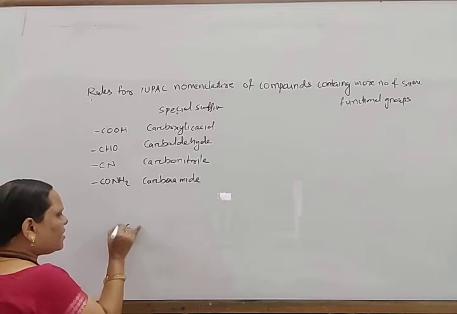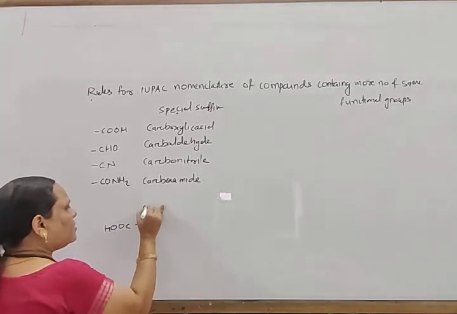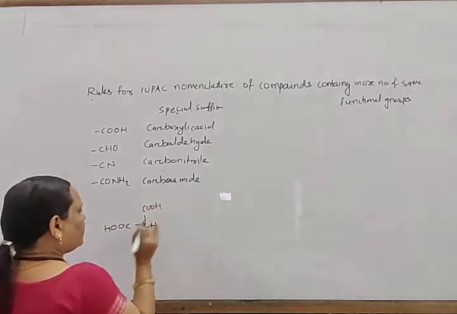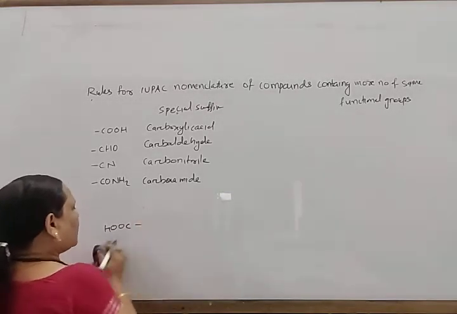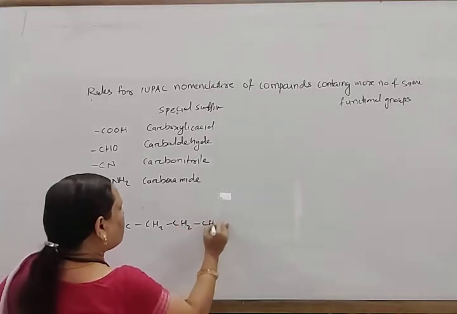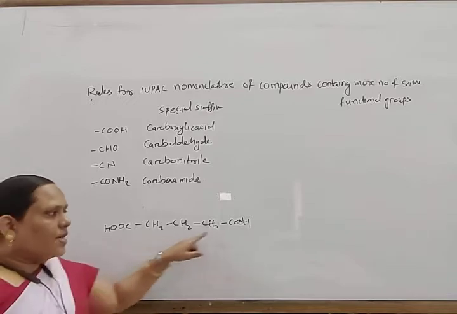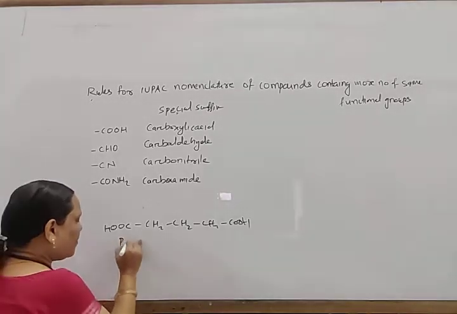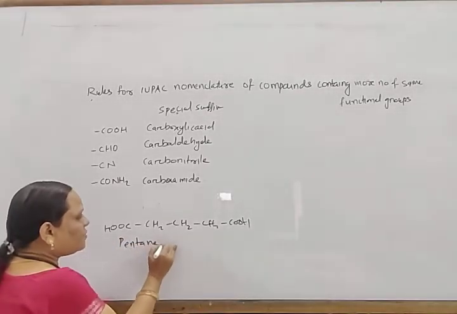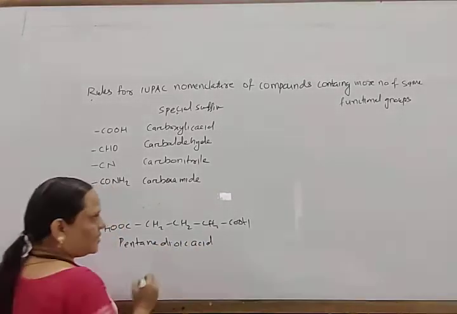Look here, it is written COOH, CH, COOH. First look at this. This is known as pentane dioic acid.